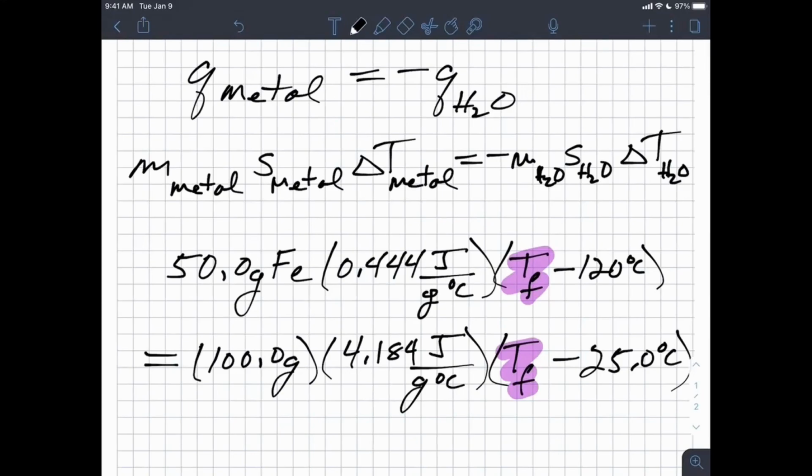If you use your calculator, you would get a final temperature of 29.8 degrees C. You can either do out the math and do it the long way, or use the solver on your calculator. In either case, you should get 29.8 degrees C. So this is just one example.